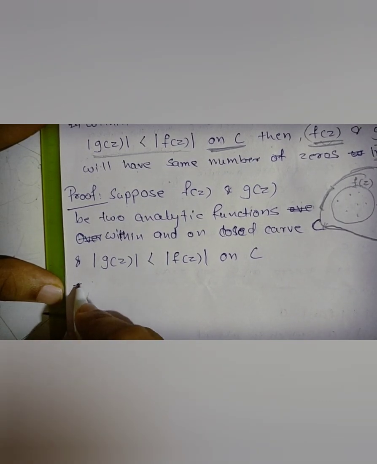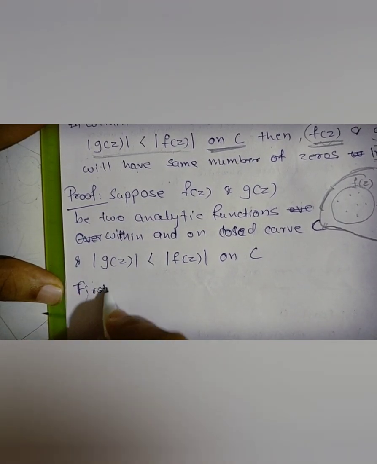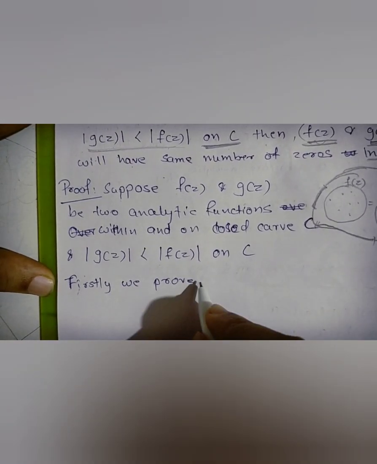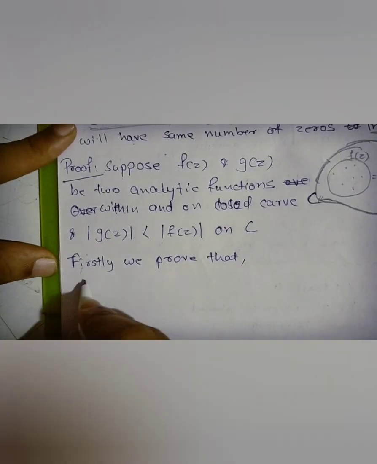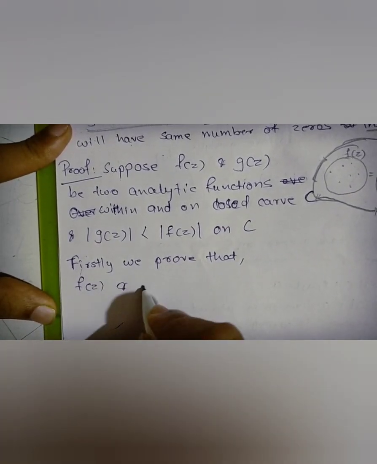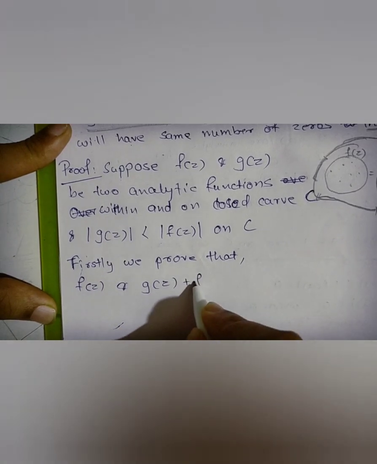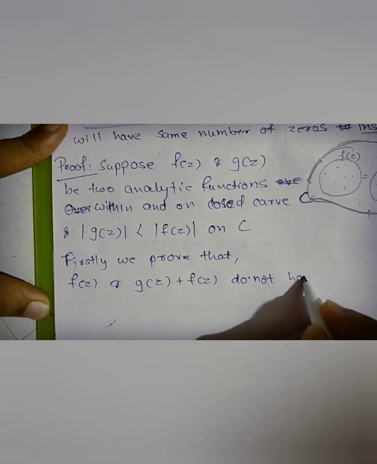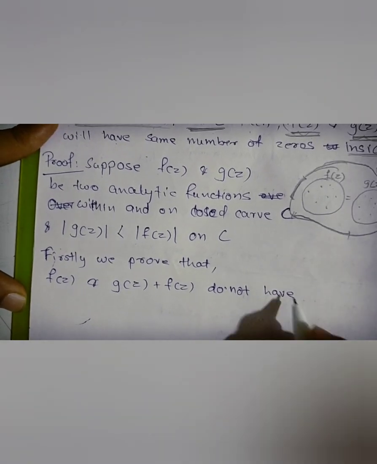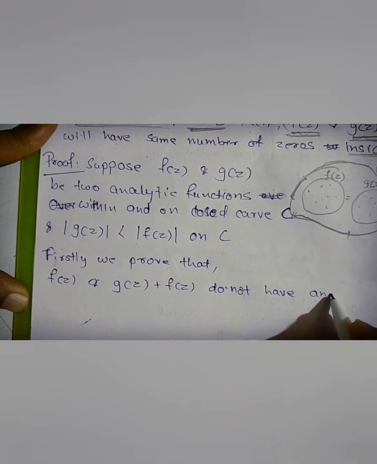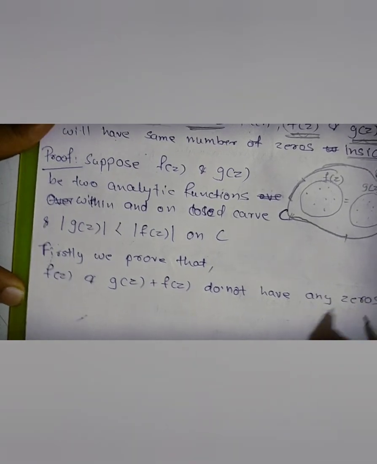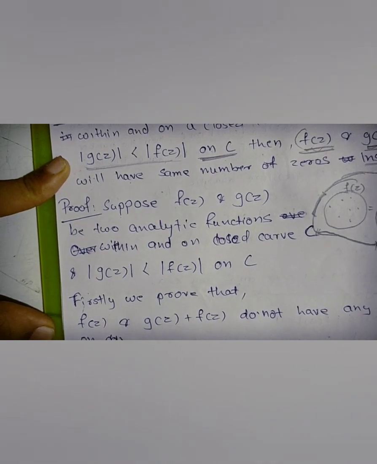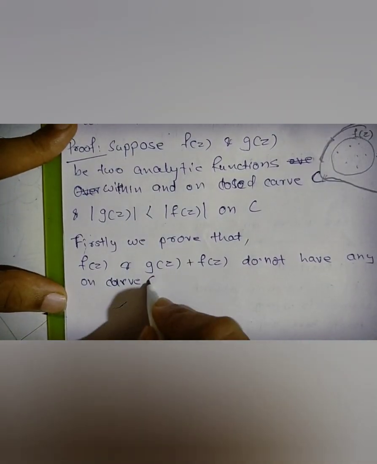So we can say, firstly, we prove that the functions f of z and g of z plus f of z do not have any zeros on curve C. So let's prove that first.